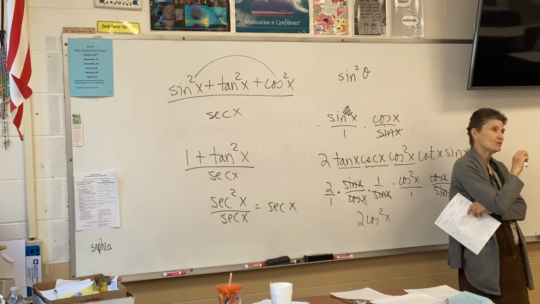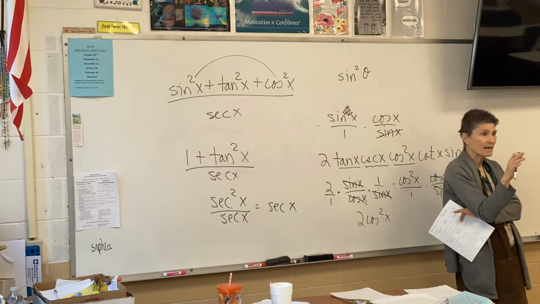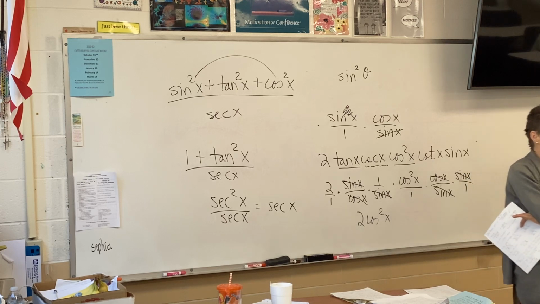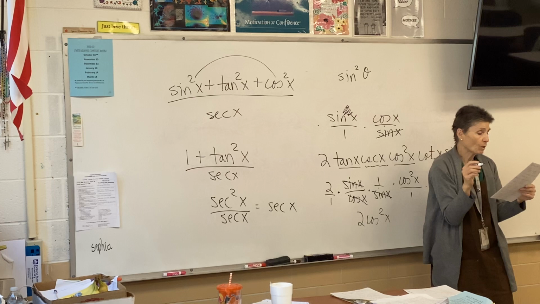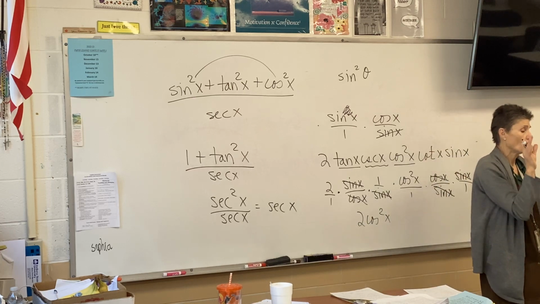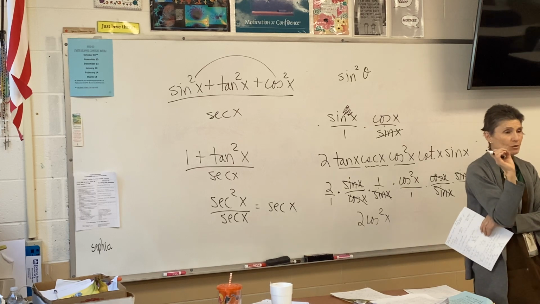We may never do that, you and I together in this class, but it is true. Tangent is 1 over cotangent. And then number 4, 1 plus what? Tan squared, right off your sheet, tan squared.